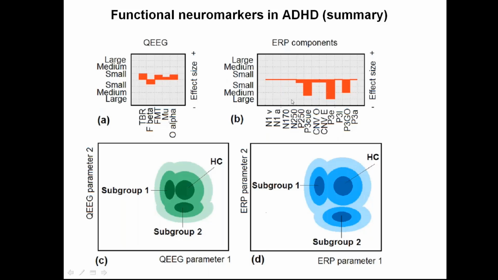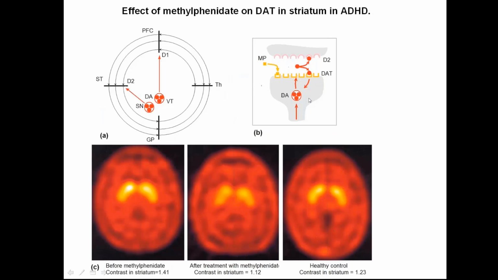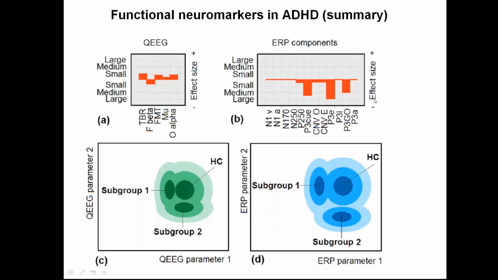And here I present the effect size of different ERP components. The differentiation is not bad, so the effect size could be medium, and in some cases could reach the large size.